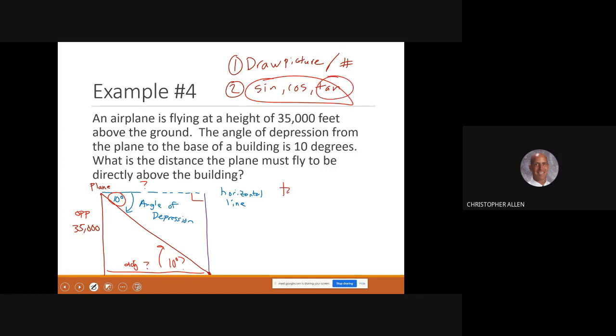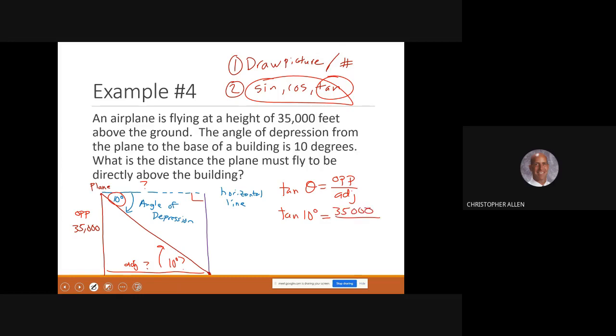So I'm going to say tangent of theta is opposite over adjacent. In this case, we know the degree measure, so we say the tangent of 10 degrees. What is the opposite side? It's 35,000.